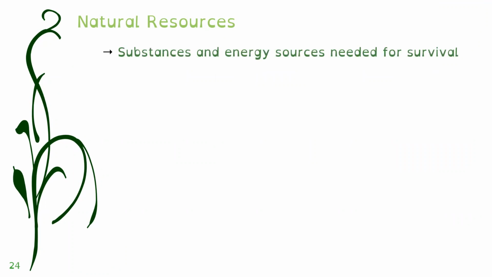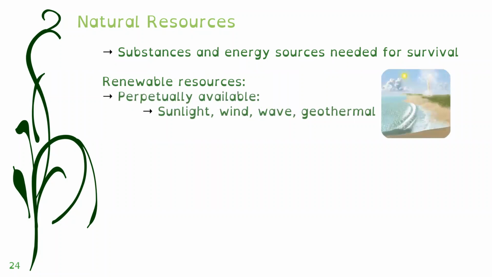So we need to think about natural resources, and all of this, remember, today is just an overview. We'll be looking into some of these things in more depth later on. These are the substances and the energy sources that we need for survival. We have renewable resources, which are perpetually available: sunlight, wind, wave, geothermal are all examples of renewable resources that are always available.